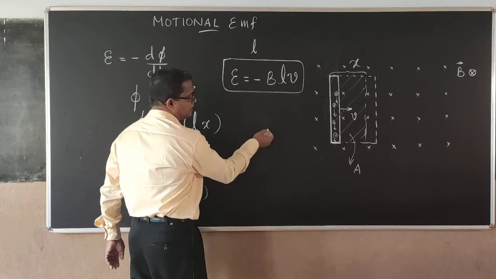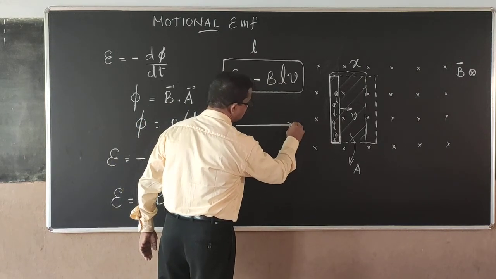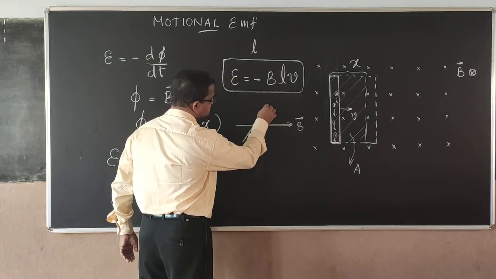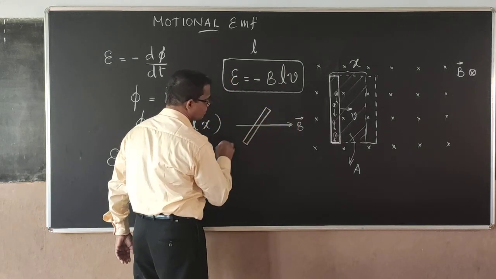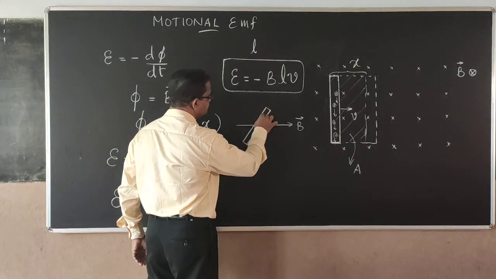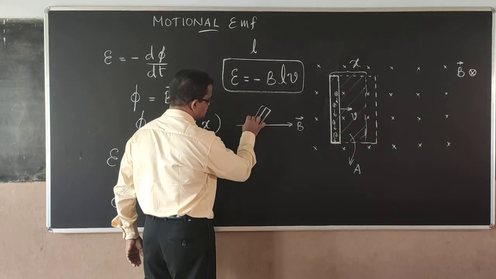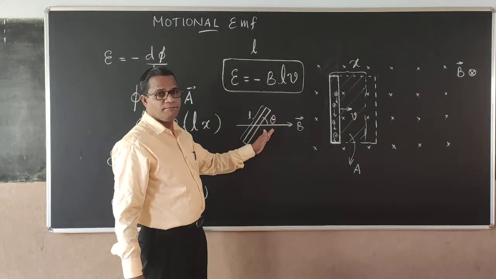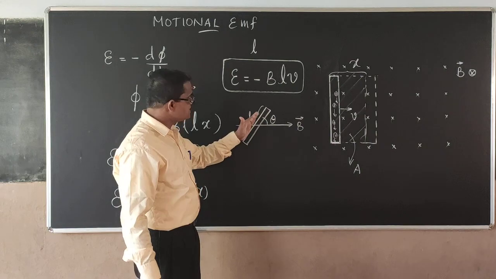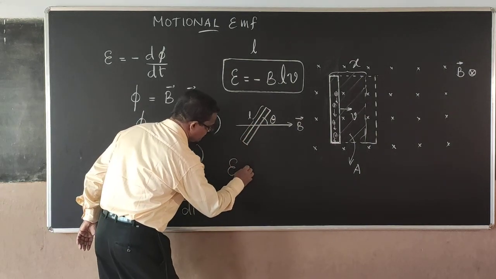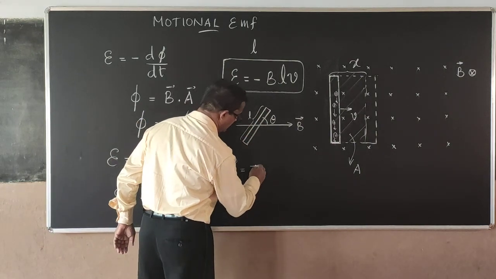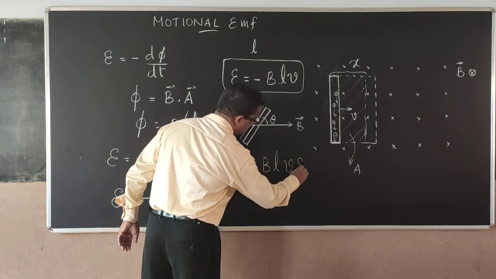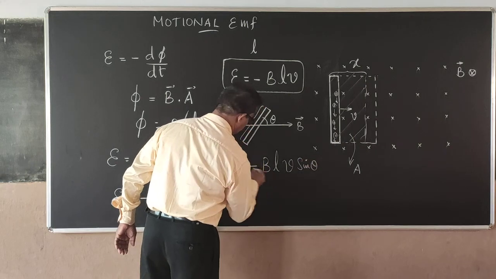If this is the field line, and suppose this is the way the conductor is staying in the field, then it will make an angle theta here. So if this is the case, then the induced EMF E will be equal to minus B into L into v sin theta.